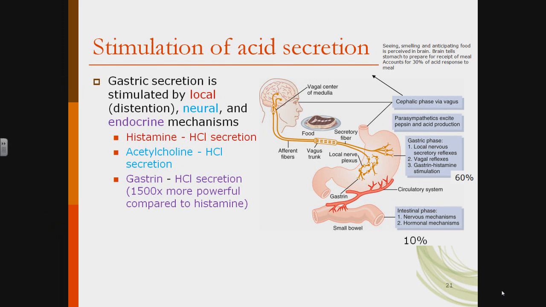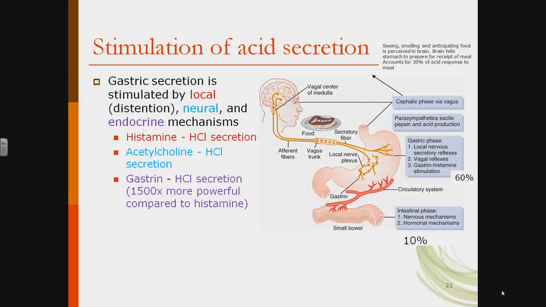Then finally, when some of your chyme touches your small intestine, we have neurons that can detect the presence of food. Also, we detect the presence of food by I cells, S cells, and K cells, which will in turn release their hormones. So all of this will lead to gastric secretion being stimulated by local control, neural, and endocrine.